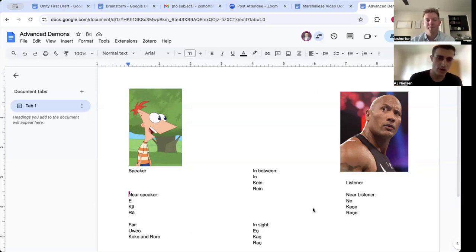And then this far one down here, so eo, koko, and roro, is basically taking the in-sight one step further. It's not in between, near the speaker, or near the listener. It's far away, out of sight. Marshallese people will say this about the United States, like we're talking really far away here.